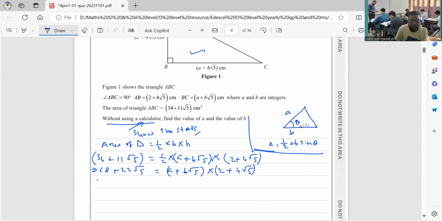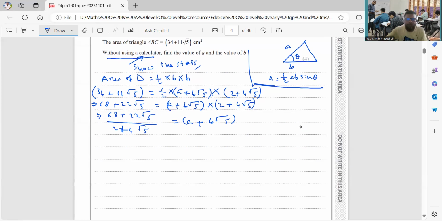Now if you divide, on the left side it will be 68 plus 22 root 5, because we want to make a plus b root 5 the subject, divided by 2 plus 4 root 5, equals a plus b root 5.